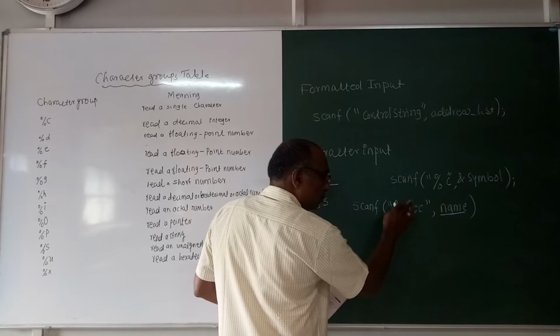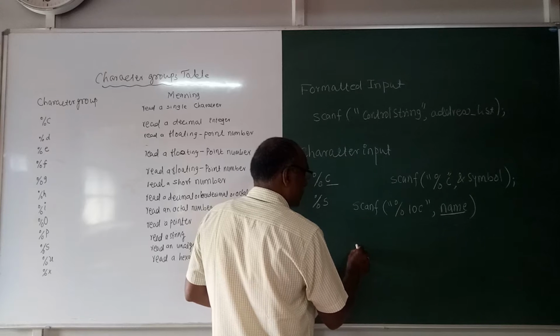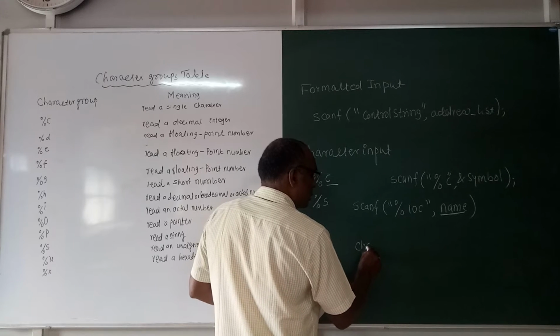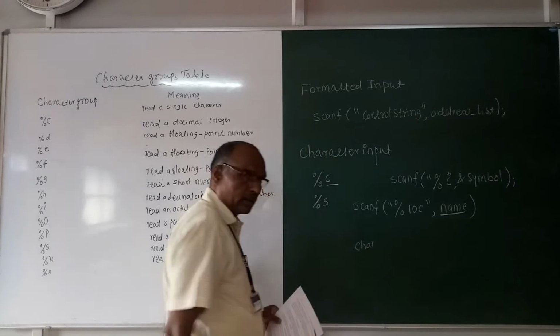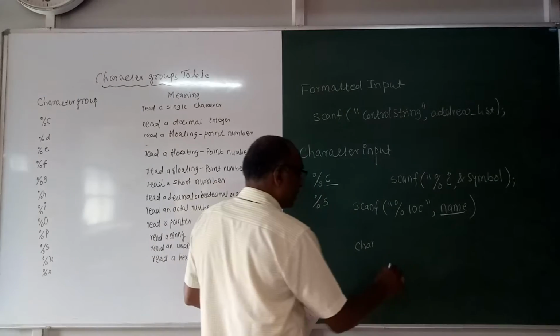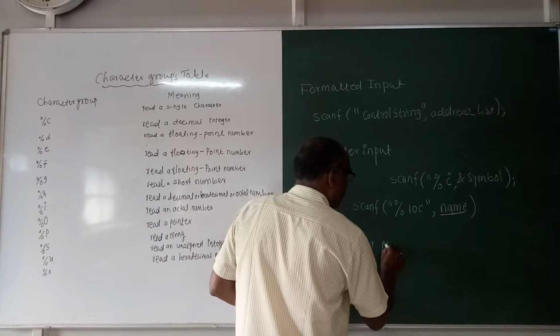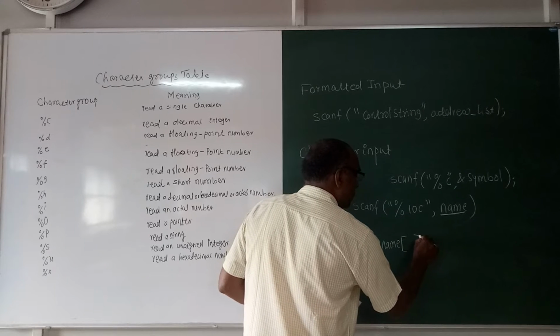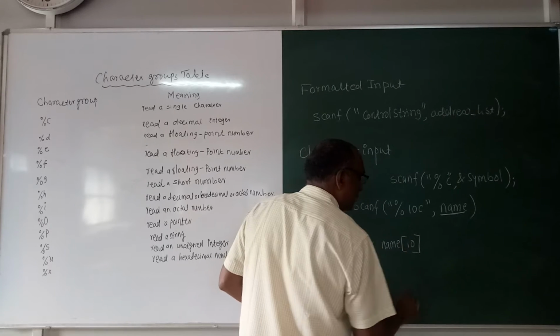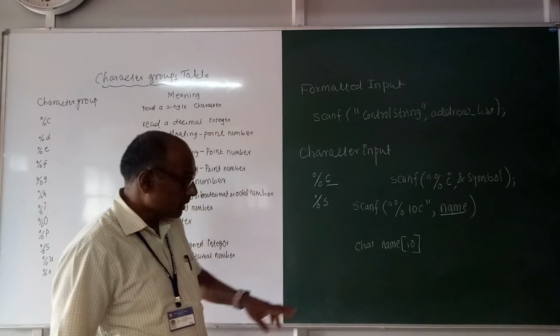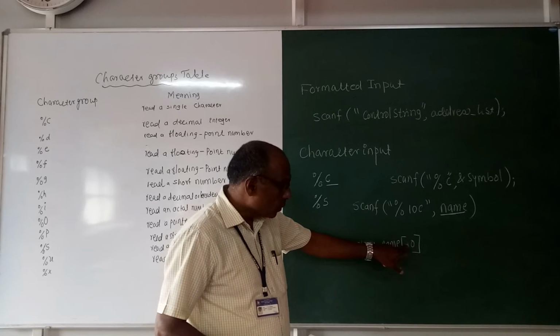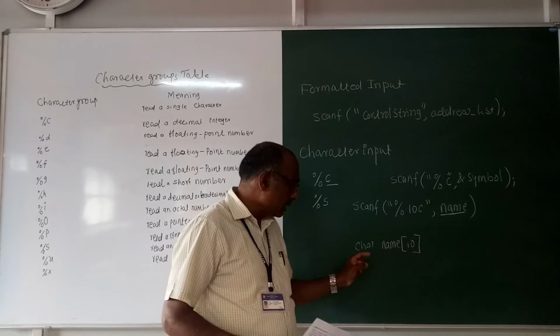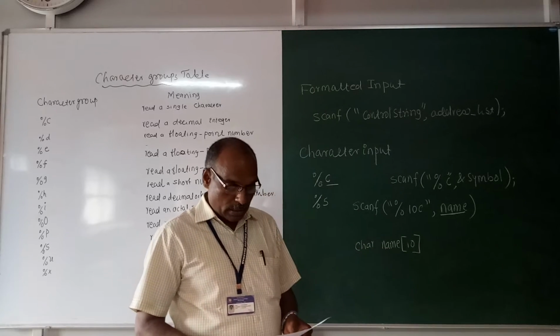If I want to input this, say for example char, it's a keyword, and then I want to write the name, and then in square brackets you have to write this as 10. This gives the one-dimensional array, that is name here.